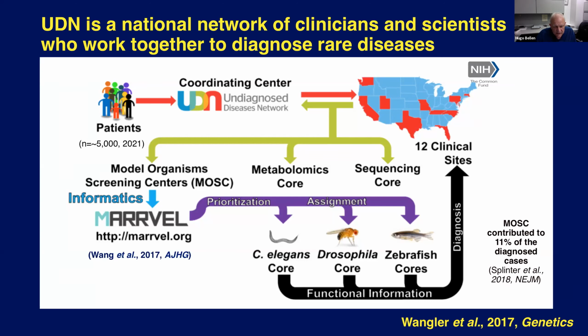MARVEL integrates data from human and model organisms and allows us to figure out what the best species is to model the disease. We have 3 species: C. elegans, Drosophila, and zebrafish. Zebrafish are modeled at WashU and at the University of Oregon, Drosophila at Baylor, and C. elegans at the University of Washington. We all work together to see what the best strategy is to model the disease.